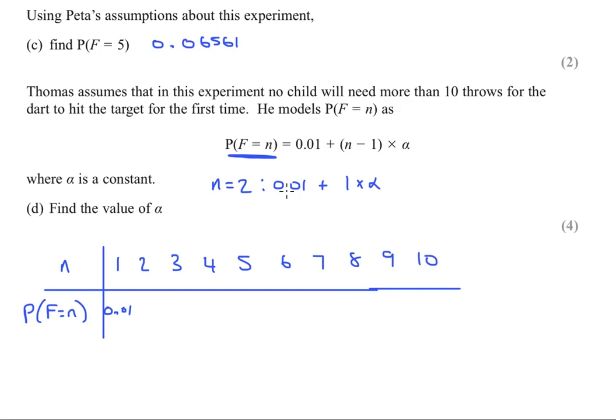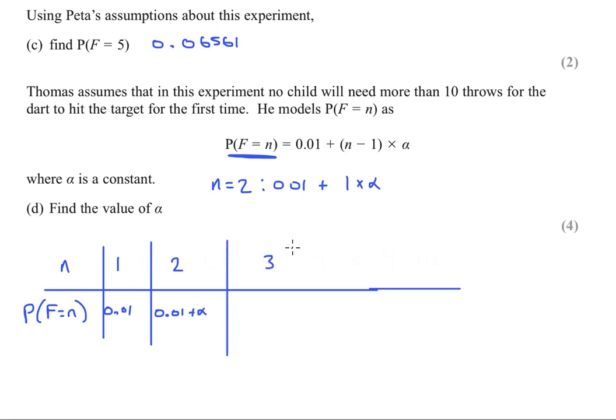I'm going to move my numbers up a little bit because I'm going to run out of space. Probably won't need to do all the numbers because hopefully we'll work out what the pattern is. So when N is 2, we're going to have 0.01 plus alpha.